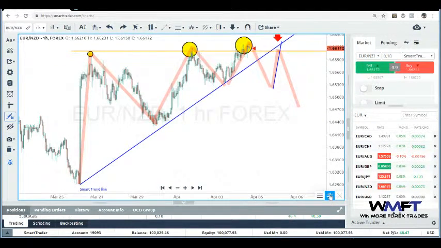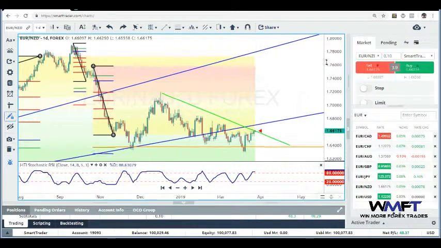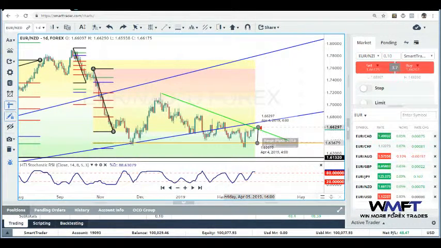And that's it. On the daily time frame, we'll try to hit that support range, and right now that is 260 some pips away.